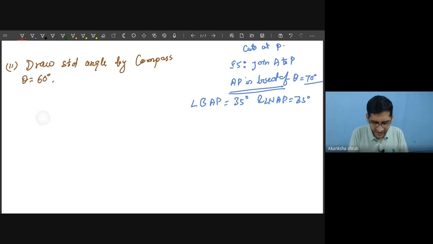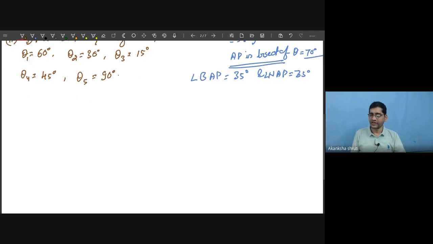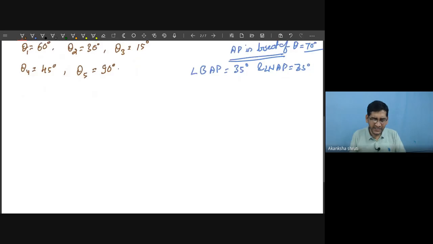Then for theta 1, 60 degrees, you have to draw theta 2 as 30 degrees, then theta 3 as 15 degrees, then theta 4 as 45 degrees, theta 5 as 90 degrees. All these angles we want to draw. Okay, student?